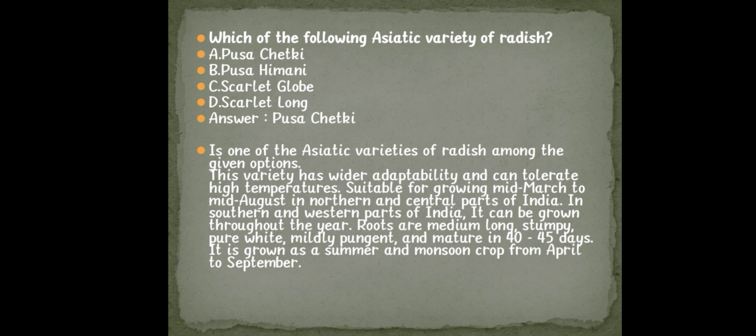The root of this Asiatic variety Pusa Chetki is medium long, stumpy, pure white in color and mildly pungent, and matures in 40 to 45 days. Also, it is grown as a summer and monsoon crop from April to September.